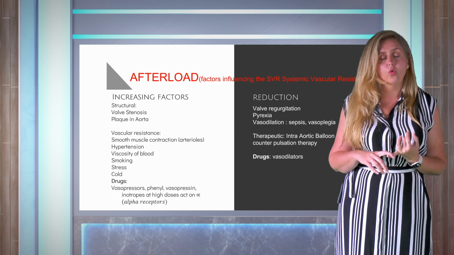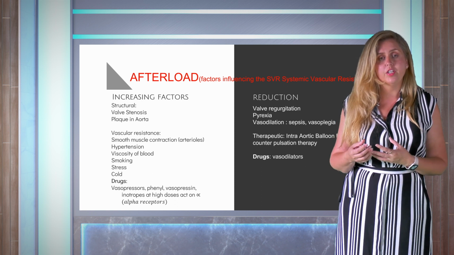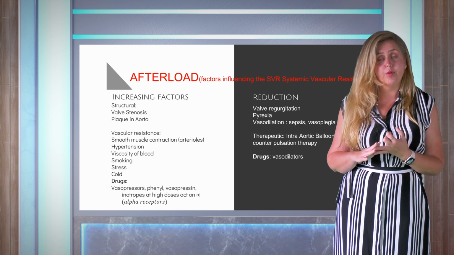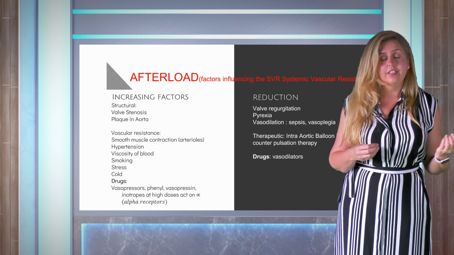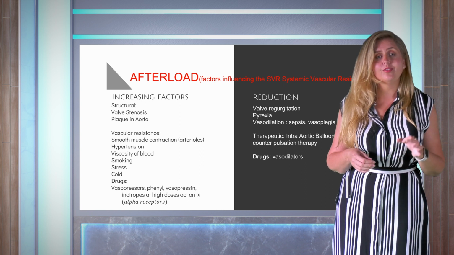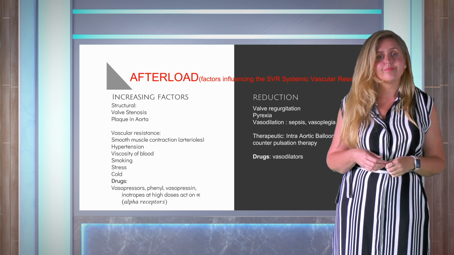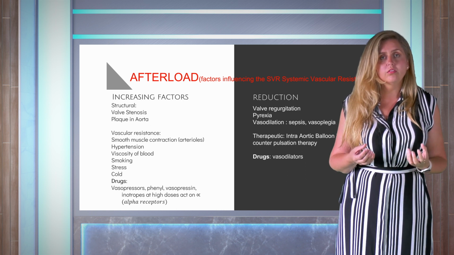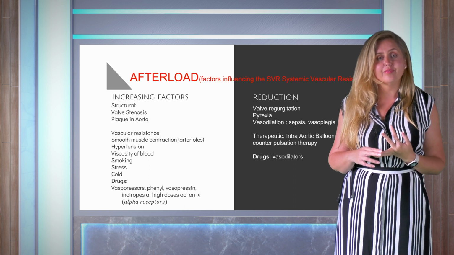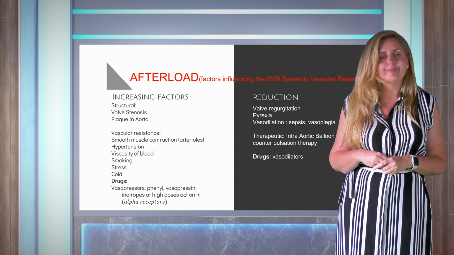Smoking, we know, causes vasoconstriction, which will also increase our SVR. Stress has the sympathetic nervous response, remember? Adrenaline, noradrenaline works on our alpha receptors, causing a narrowing or a constriction as well. The cold, hypothermic patients will definitely have an increased afterload, causes everything to narrow up.